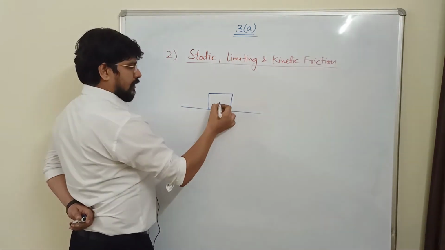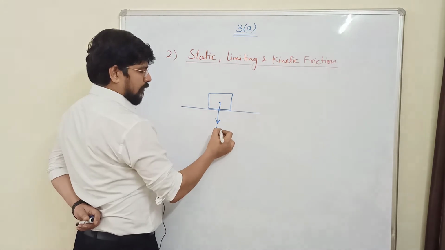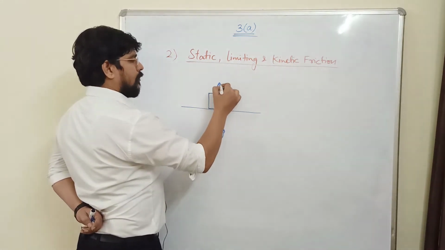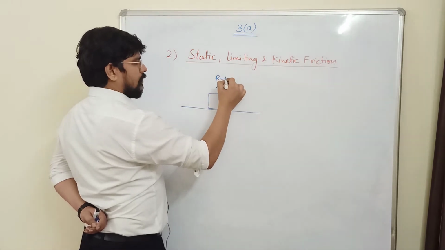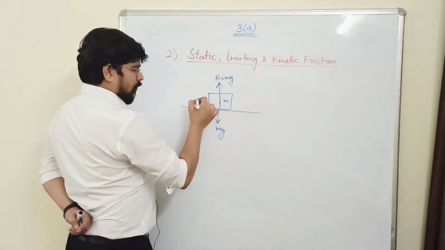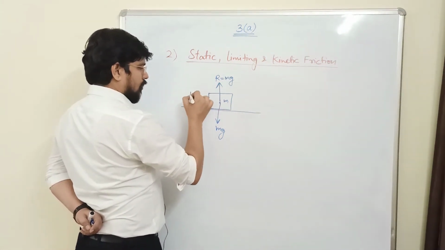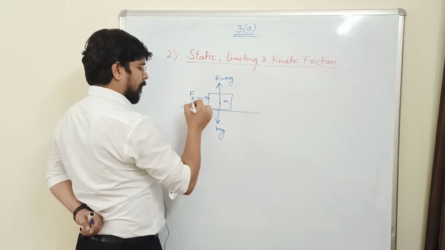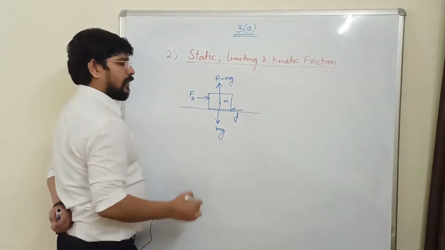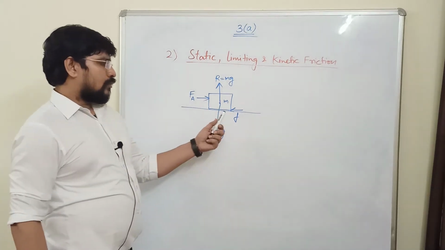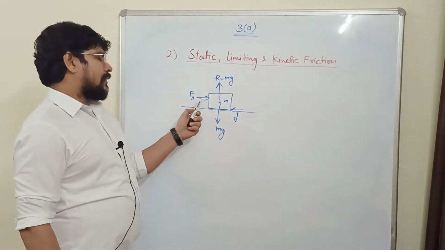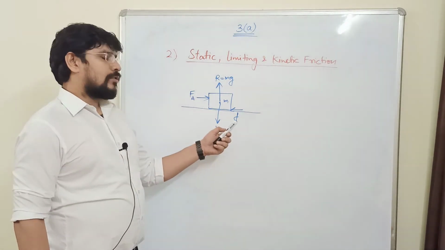When this object is at rest, we know that weight is always working downward. The mass of this object is m, and the normal reaction is opposite, which is also equal to mg. Now consider if you apply some small force F here, the force of application, then a force of friction will be generated in the opposite direction. This force of friction will come into action only when you apply some force Fa. If you don't apply any force, there is no force of friction.